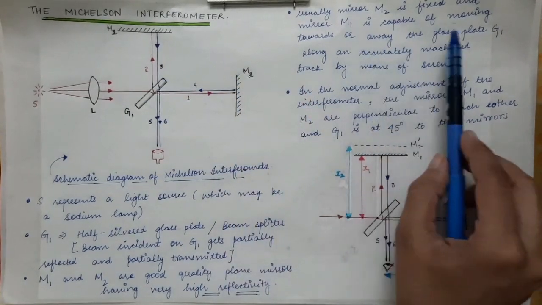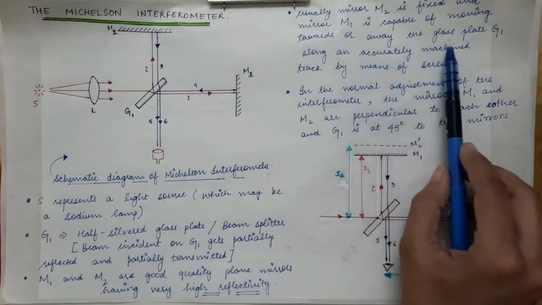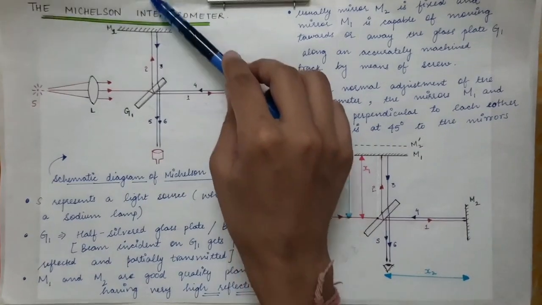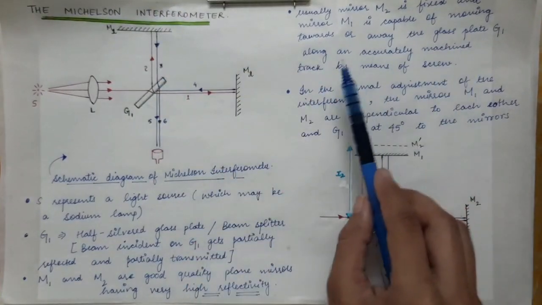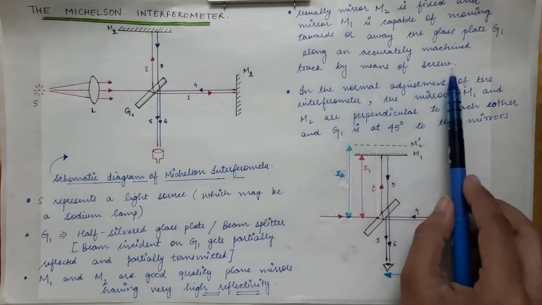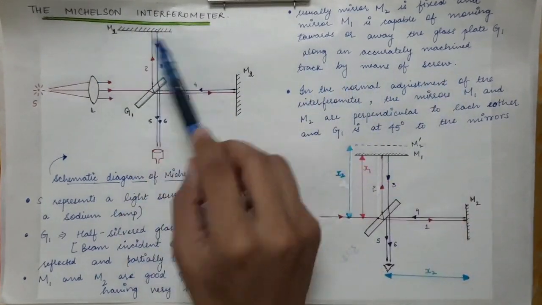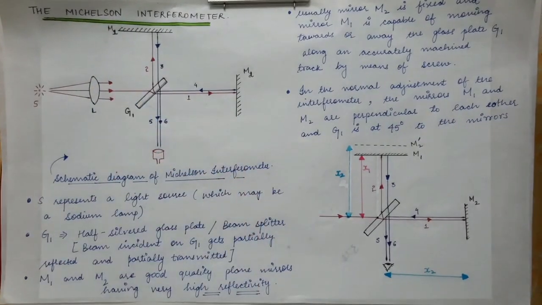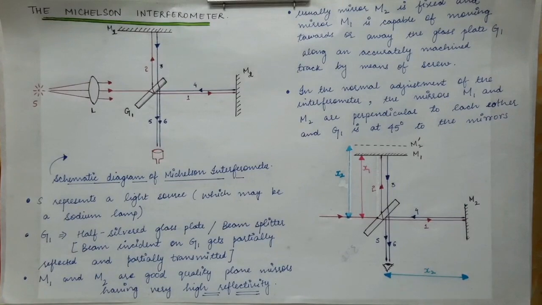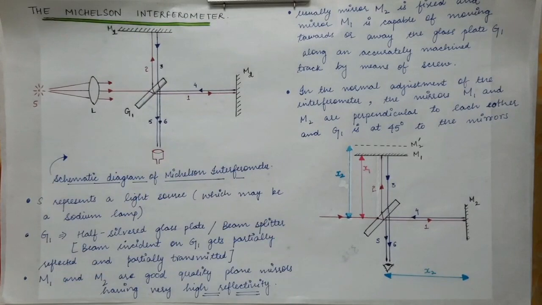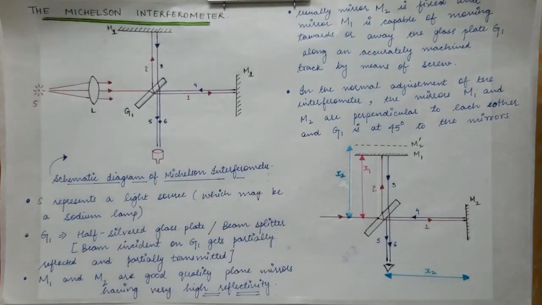Mirror M1 can be moved towards or away from the glass plate along an accurately machined track by means of screws, and the distance by which it is moved can be accurately measured using the various scales attached to that machinery.